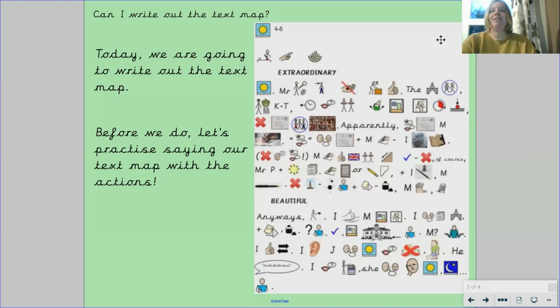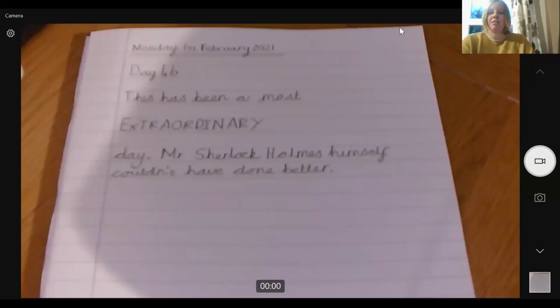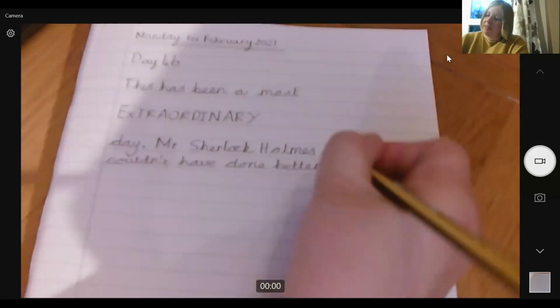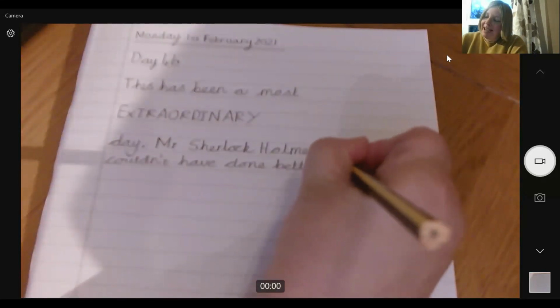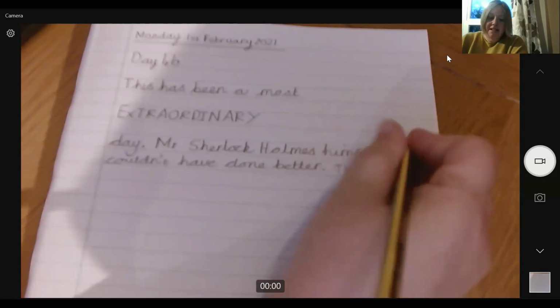So now I'm going to continue writing the next part of our text map. So I continue writing. So capital letter to start my sentence.